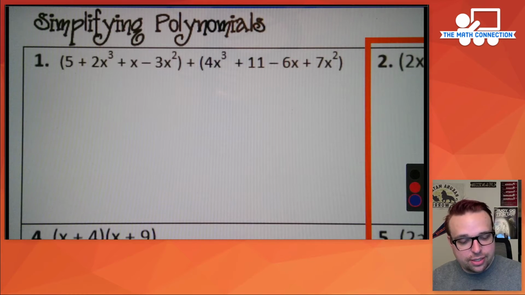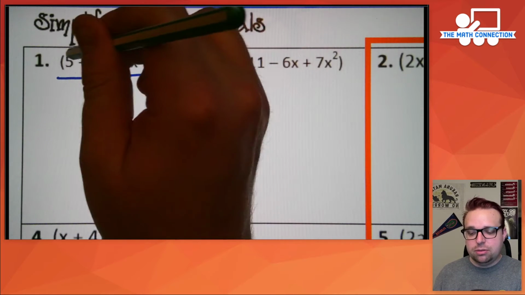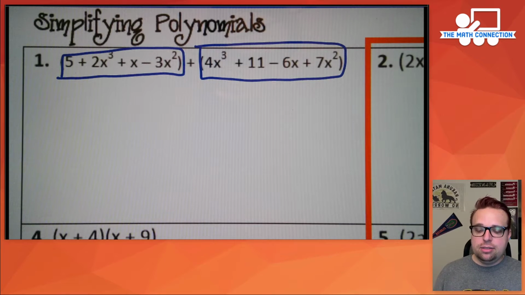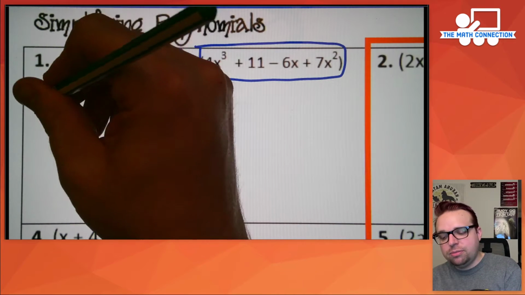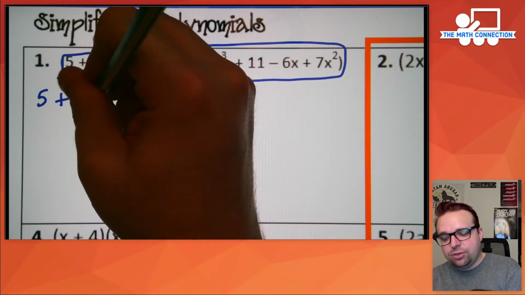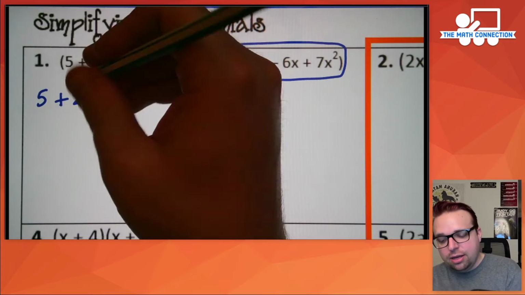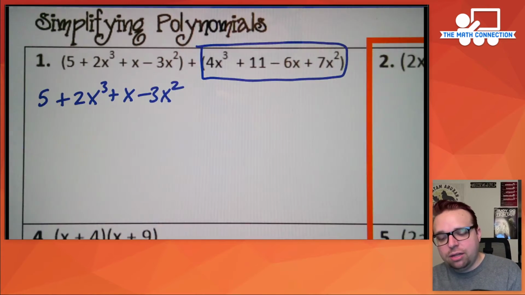First question, it says this whole polynomial plus this whole polynomial. So this function plus this function, f plus g, would just be all of these terms: 5 plus 2x cubed plus x minus 3x squared, all of that.